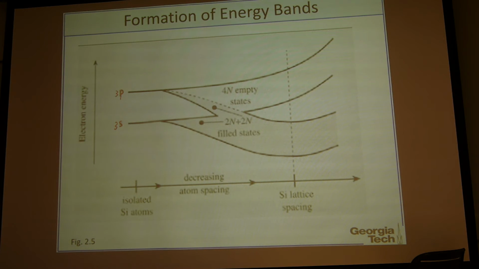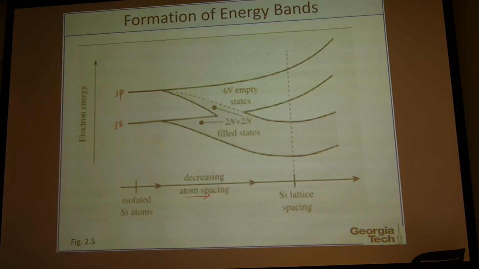That means those atoms are far away from each other, and each looks identical. As we bring them together, we shrink the spacing between the atoms, so the interaction will happen and we form the bond.